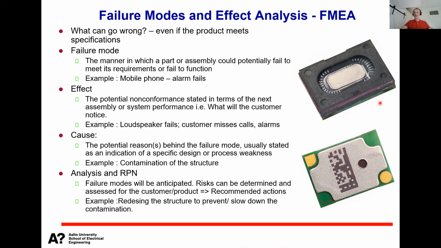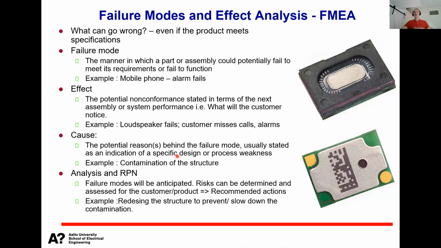Completely you cannot prevent it because you need to allow the movement of the air, but something you can do in the design, for example, is to prevent this problem. Okay, this was just a hypothetical problem, but the point was just to show how the reasoning is done in FMEA.